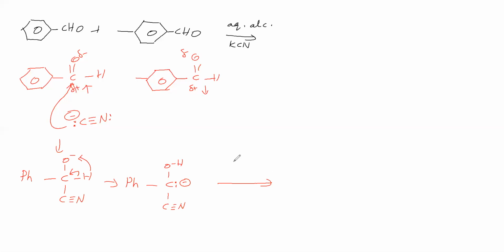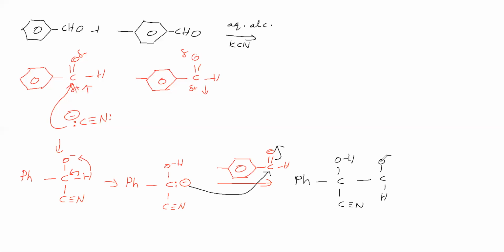Okay. So here methyl group, here phenyl ring, here aldehyde group. Now, how the attack will be there, we will see. This C minus will attack this carbon. This pi bond will shift to this carbon. Therefore, Ph, C, OH, here CN, here CH, O minus, here 3 lone pairs, here phenyl ring, here methyl.